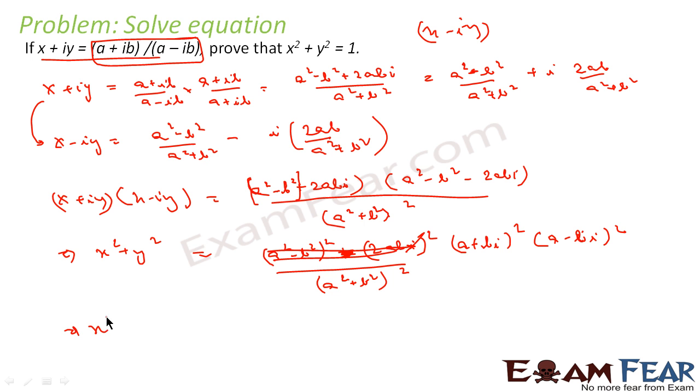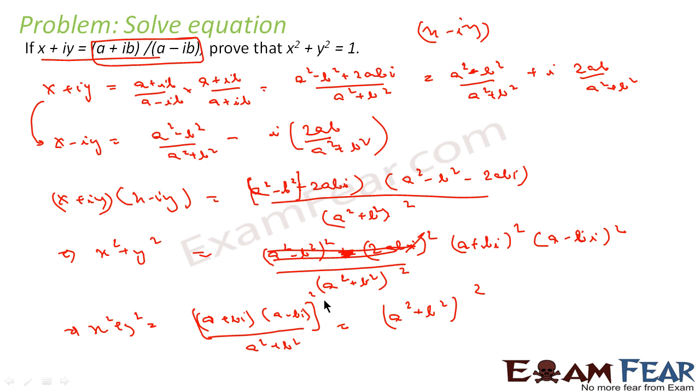Now we can say x square plus y square is equal to a plus bi into a minus bi, whole square, taking the square common, over a square plus b square whole square. Now a plus bi into a minus bi is a square plus b square, so we get a square plus b square whole square by a square plus b square whole square, which is equal to 1.